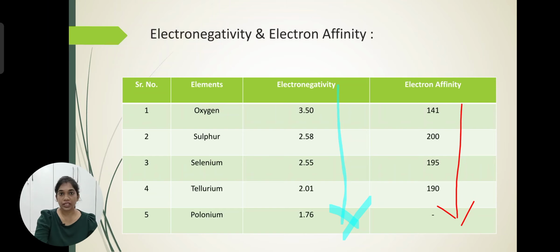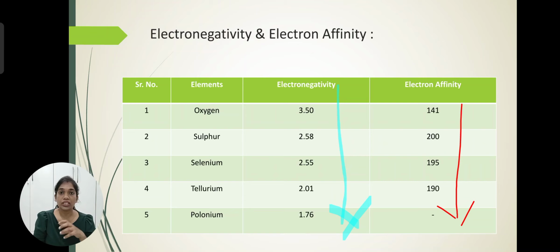So firstly, let's see what electronegativity is. Electronegativity means the tendency of any element to attract electrons towards itself. And electron affinity means the amount of energy released when an electron is added to that atom.